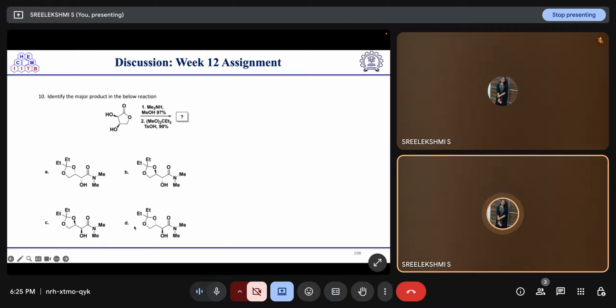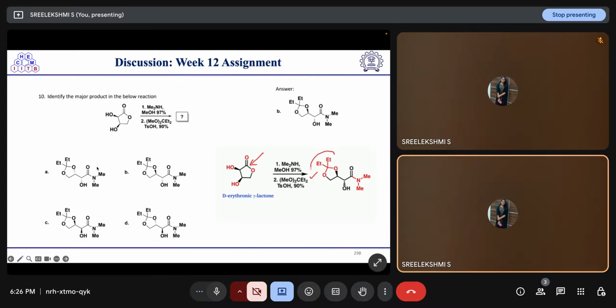Now moving on to the last question of this week 12 assignment. Identify the major product in the below reaction. So this diol, upon treatment with dimethylamine in methanol, and in the second step with this orthoester kind of derivative in the presence of para-toluenesulfonic acid, which will be the major product here? So here the correct answer is this one.